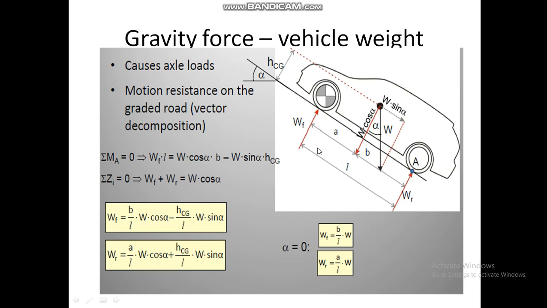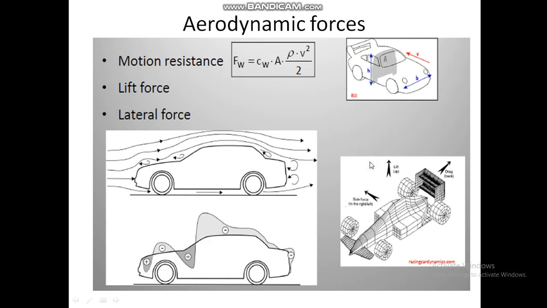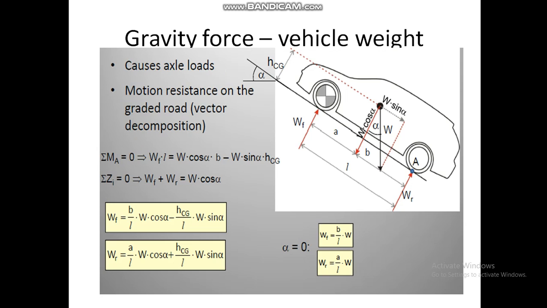Front axle weight WF, rear axle weight WR, distance from the front axle to the CG, this is the CG, is A, and the distance from WR to the CG is B. Motion resistance on the grade road with vector decomposition. So we consider all the forces and calculate them. Moment about A, moment about B.